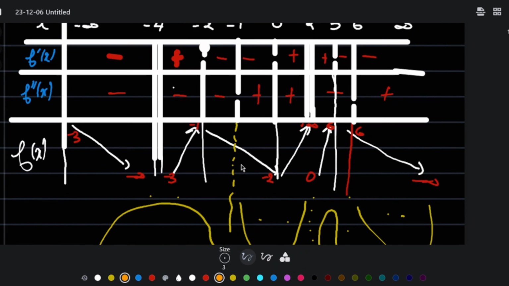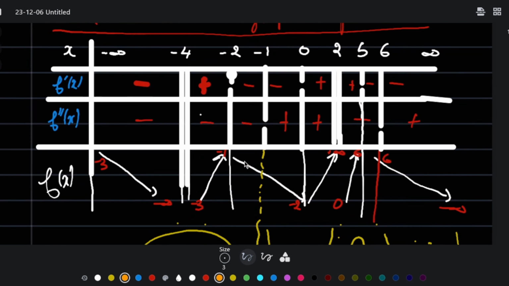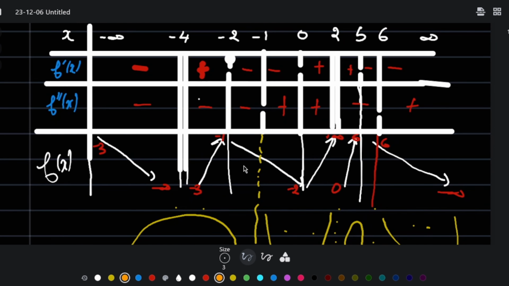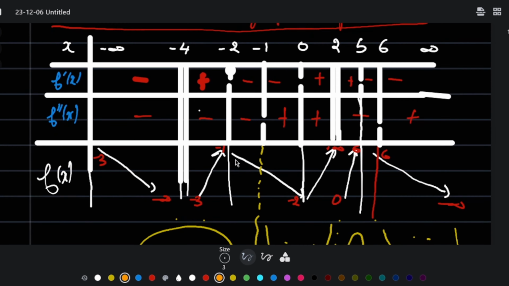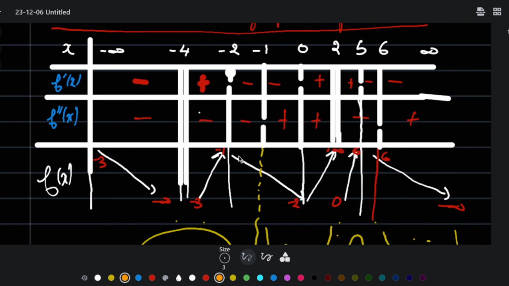Right? And the second thing is the horizontal asymptote. For the horizontal asymptote, you just look at the limits at minus infinity and plus infinity. So at minus infinity, we have a limit of minus 3. So y equal to minus 3 is a horizontal asymptote. And at plus infinity, we have a minus infinity limit, so we don't have a horizontal asymptote.